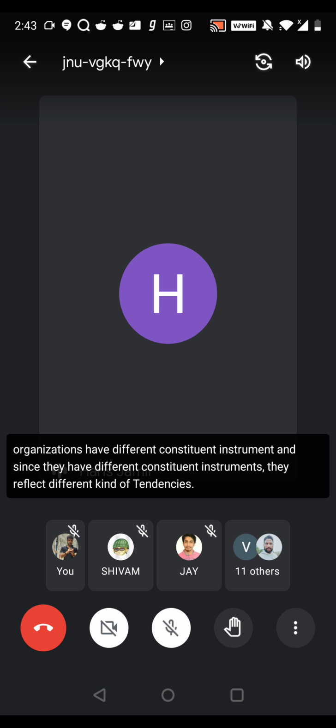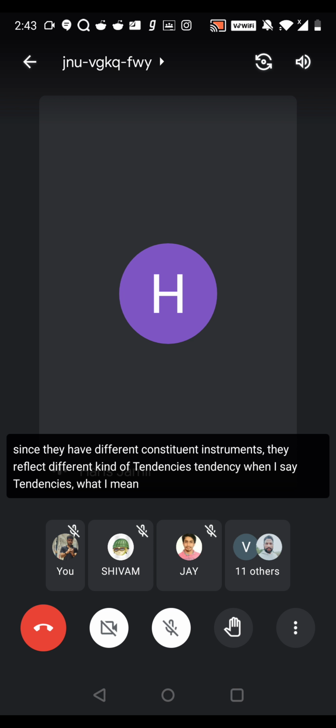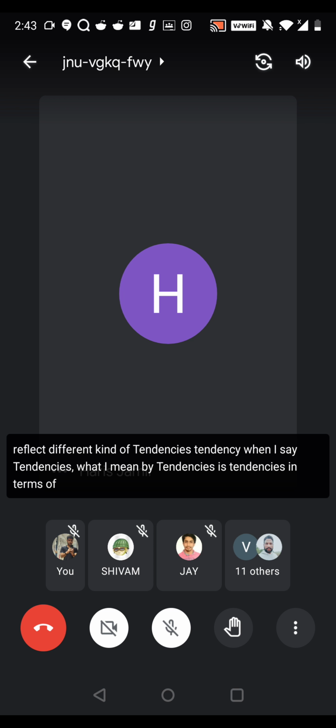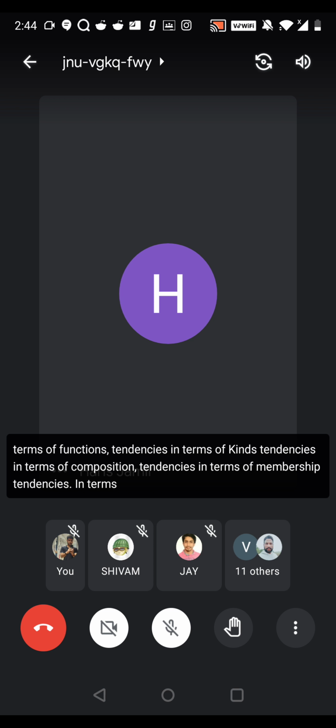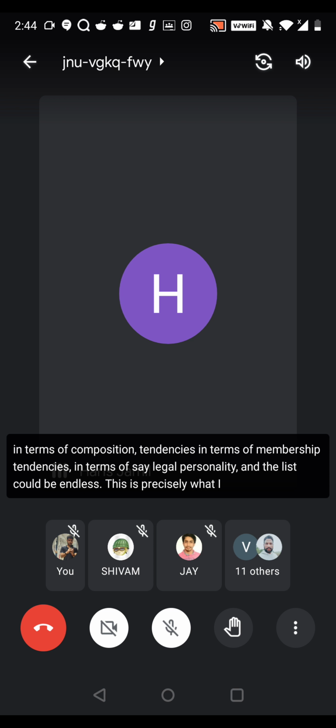By tendencies, I mean tendencies in terms of functions, kinds, composition, membership, legal personality, and the list could be endless. This is precisely what I mean by the need for classification.